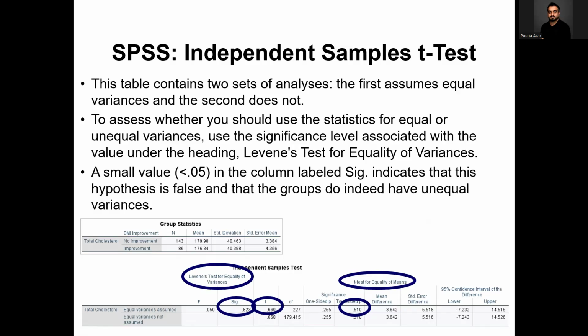A small value in the significance column indicates that this hypothesis is false and that the groups do have unequal variance. But here the p-value is above 0.05, which indicates the hypothesis is correct and the groups have equal variance. So that's why I go with the first row.